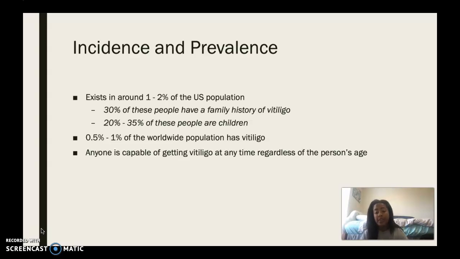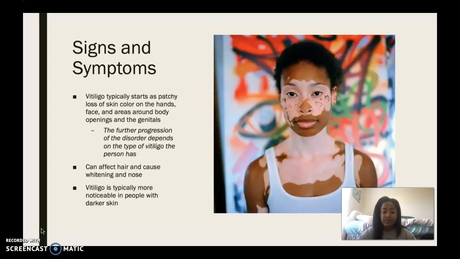Anyone is capable of getting vitiligo. It doesn't really matter your age or anything, because really you could have any of those stress factors at any time. Signs and symptoms. As I said before, it's patchy loss of skin on the hands, face, and areas around the body openings.